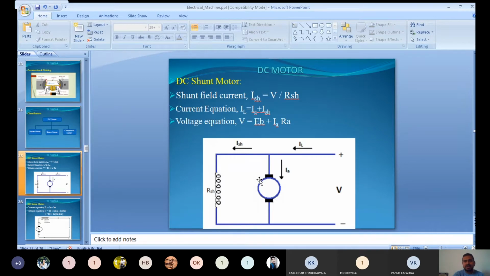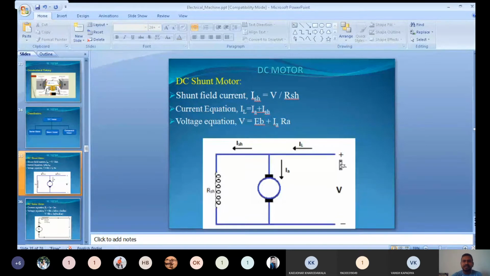The motor which operates on DC and whose field winding is connected in parallel with the armature winding is known as a DC shunt motor. This is the armature winding, this is the field winding, and both are connected in parallel with each other. This winding is known as the shunt field winding.